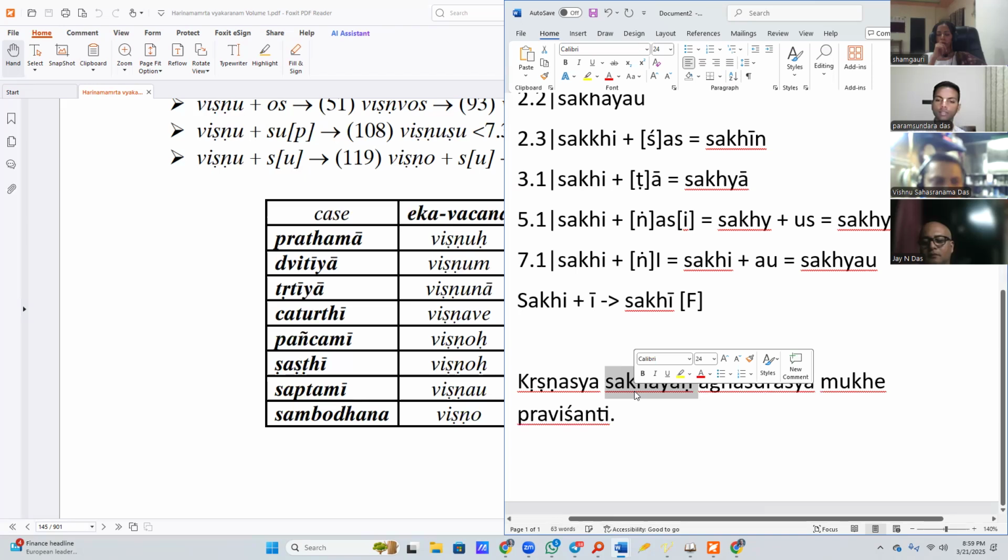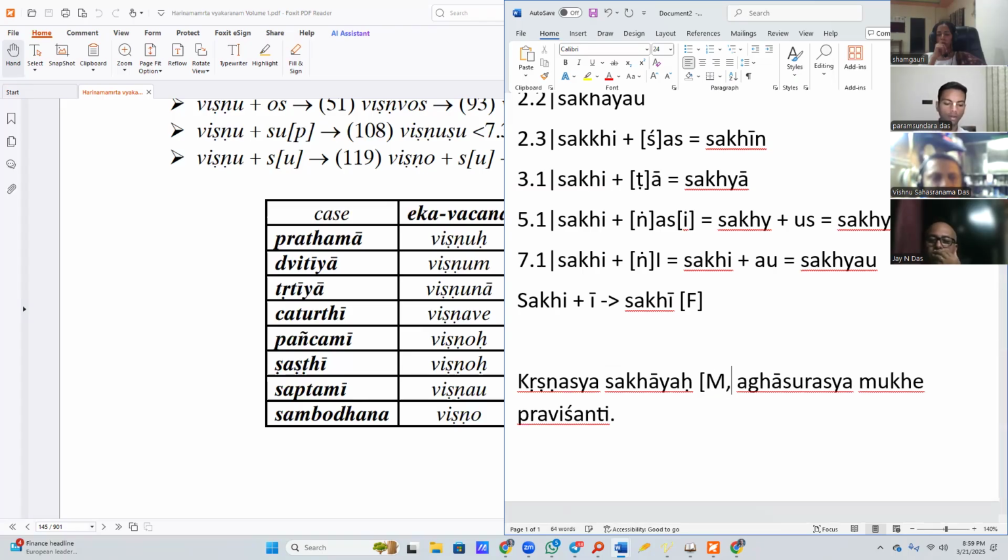What does it mean? The friends of Krishna are entering into the mouth of Aghasura. So here sakhayah is masculine, 1.3.